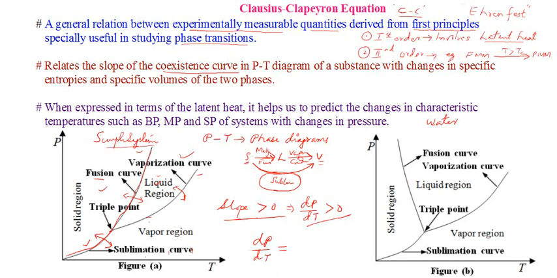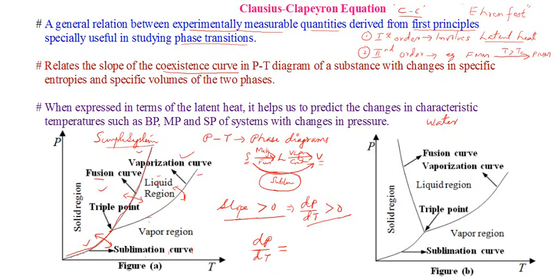The meaning is that along this curve, along the coordinates of this curve, you can see that the solid phase, the liquid phase and the vapor phase of the substance will be existing together.